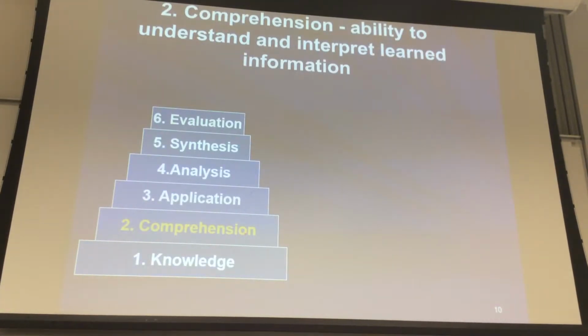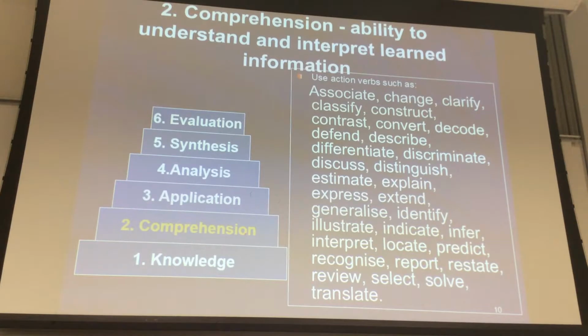Moving on to comprehension, Bloom in his book gave a list of active verbs. Now if you go to the original Bloom's book, you won't find the list as detailed as what I've given there. These are the ones in my own book, because I went through the literature and over the years different people gave different examples of action verbs.